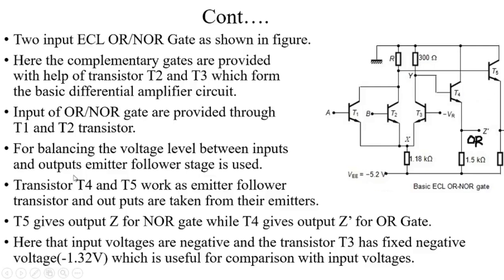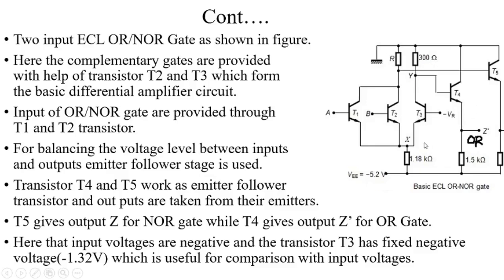Okay, and next point, transistors T4 and T5 work as emitter follower transistors and outputs are taken from their emitters. So with the help of the T4 and T5 transistors, we are avoiding the noise in the output signal, and these two transistors act as emitter followers because we take the output at their emitter terminals.